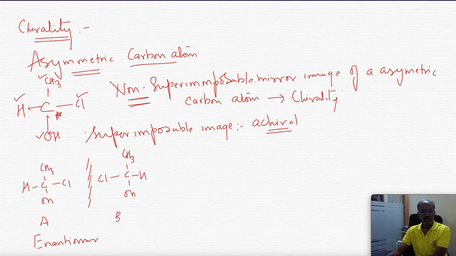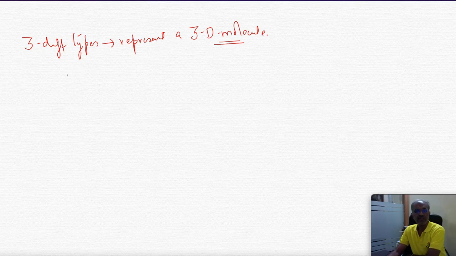Now, there are 3 different types of representation by which we can represent a 3D molecule, that is, how a molecule looks in 3D shape.